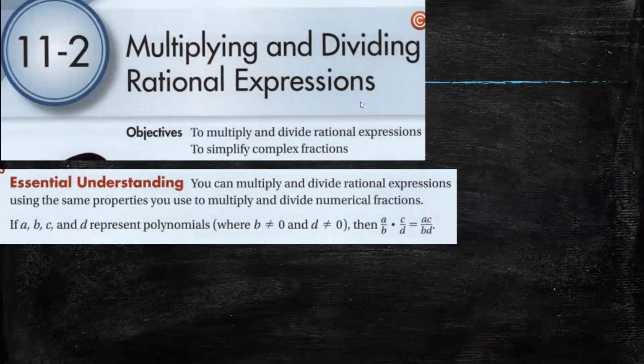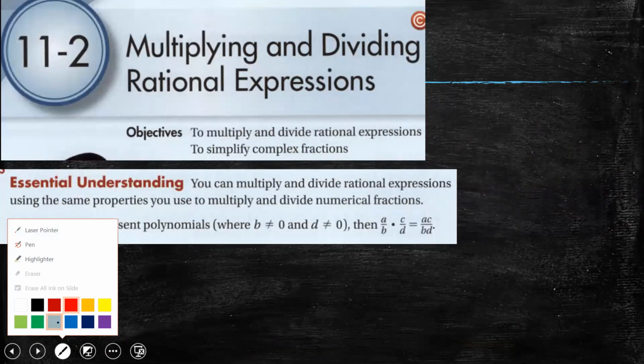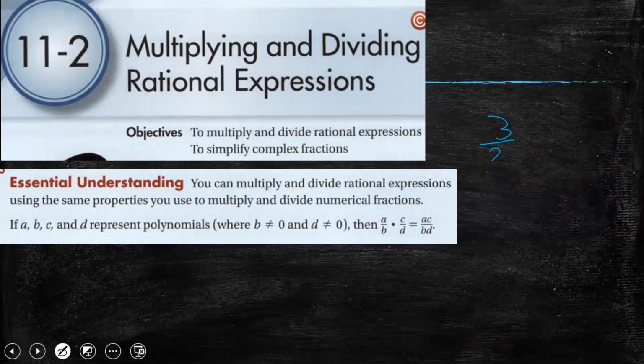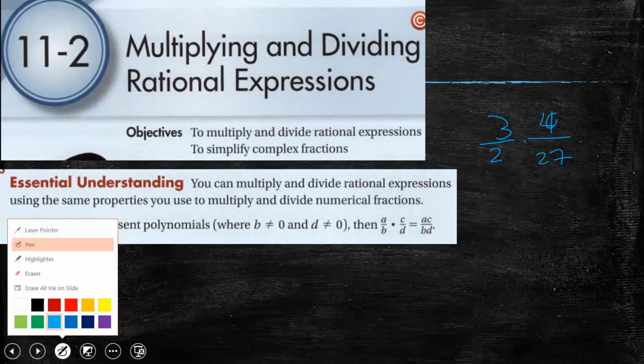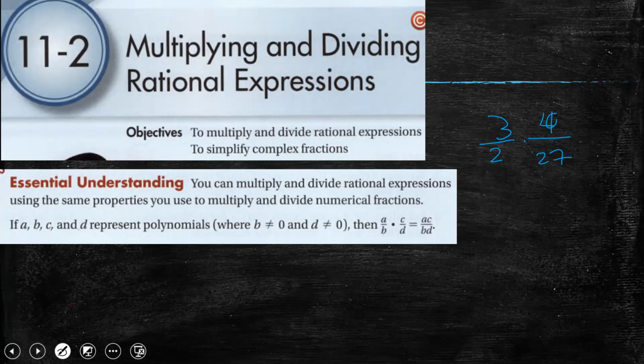Now, as you remember, when you have to multiply numerical fractions, such as 3 over 2 times 4 over 27, as an example, what do you have to do? You have to multiply the numerators over the multiplied denominators, or you can simplify if you can.